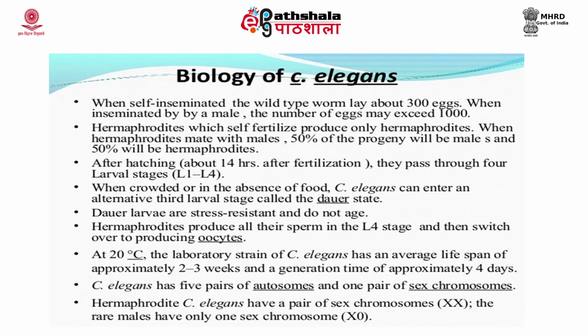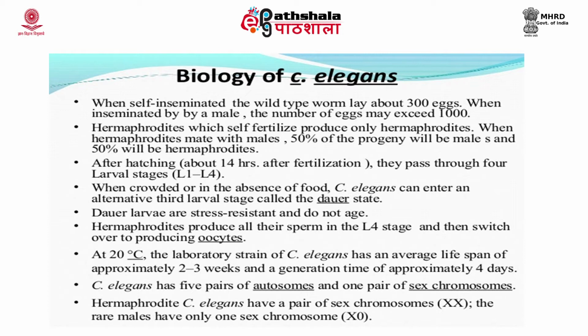Hermaphrodites produce all their sperm in the L4 stage and then switch over to producing oocytes. During unfavorable situations like overcrowding or absence of food, C. elegans can enter an alternative third larval stage called the Dauer stage or the arrest stage.